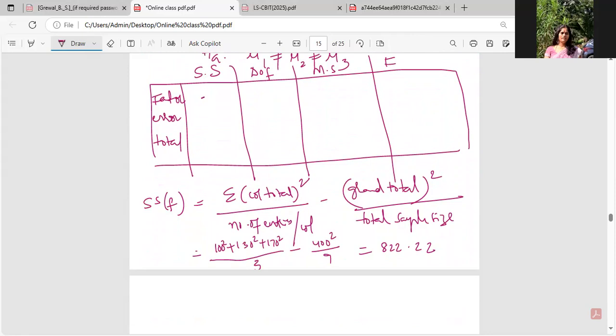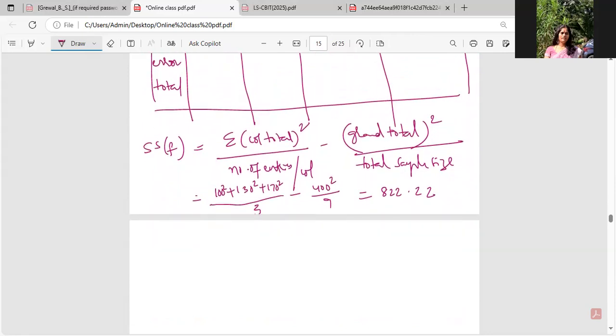Okay. Now coming to SS total. The formula is nothing but I'll square all the entries and sum them up, minus the same term, grand total whole squared by the total sample size.